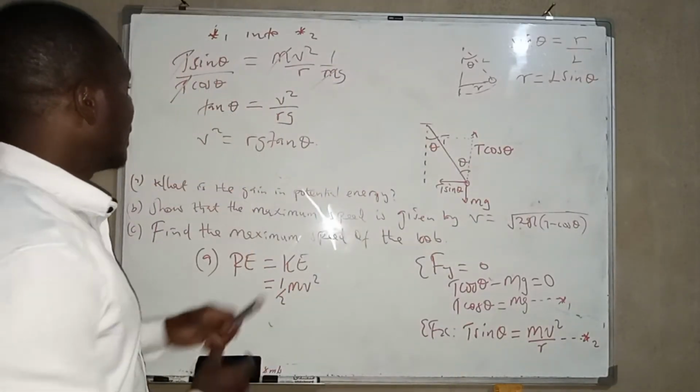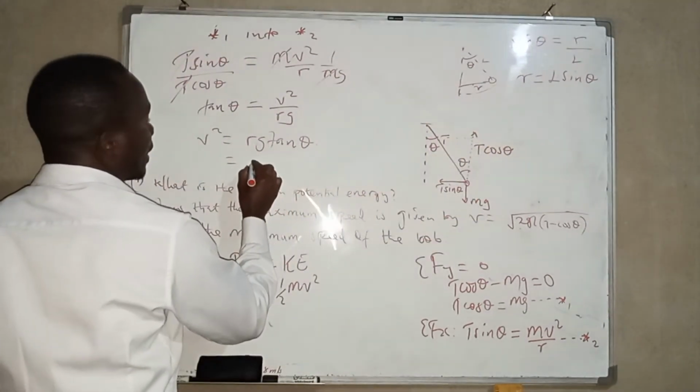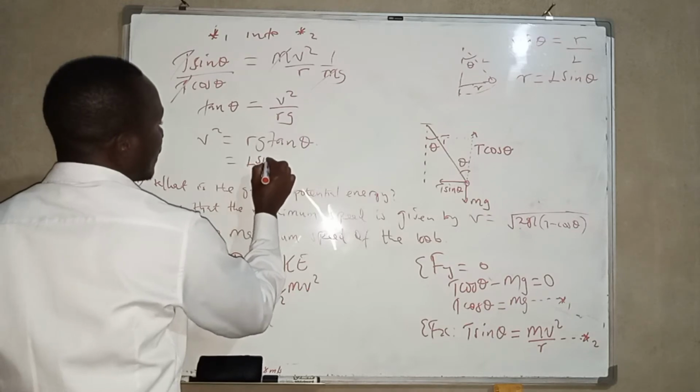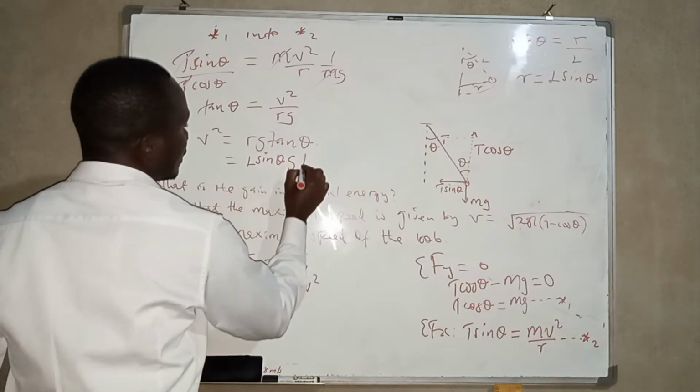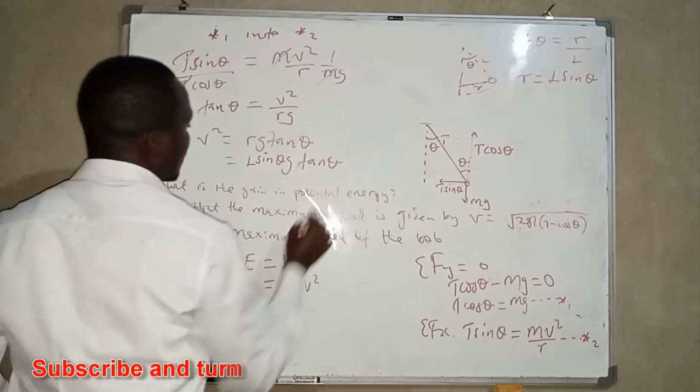From this, we can plug in the expression: we are going to have L sin theta times g times tan theta.